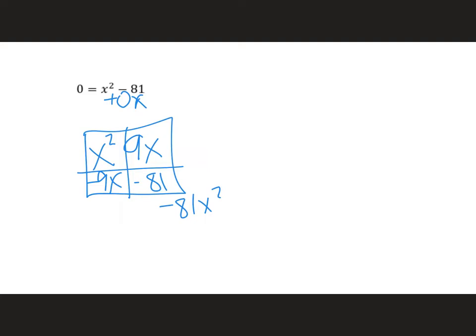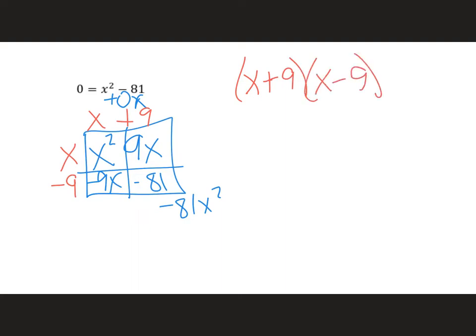On the first row, the greatest common factor would be x. And on the second row, the greatest common factor would be negative 9. And then we would have x times x, or negative 9 times x, and then x times positive 9, or negative 9 times positive 9. So the binomial factorization here is x plus 9 times x minus 9 has to equal 0.